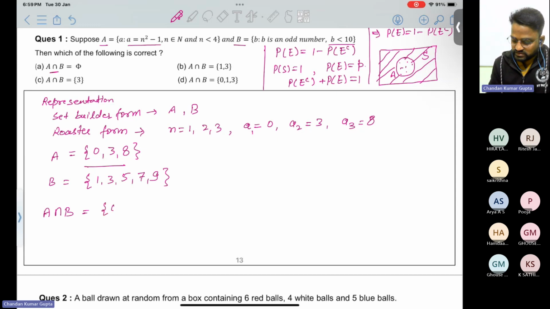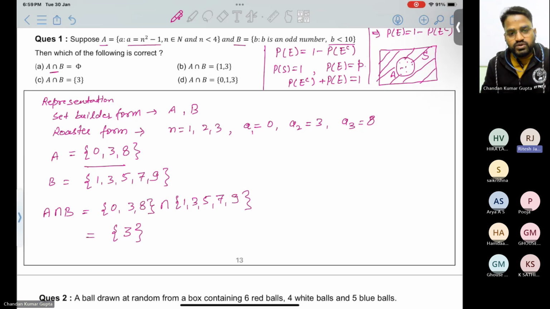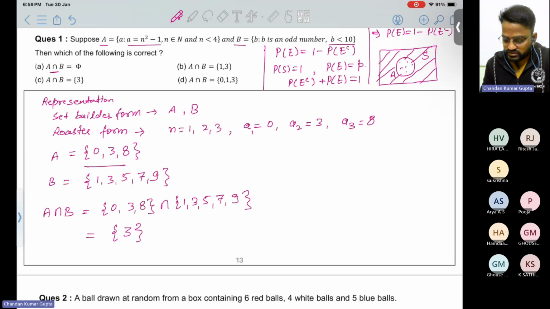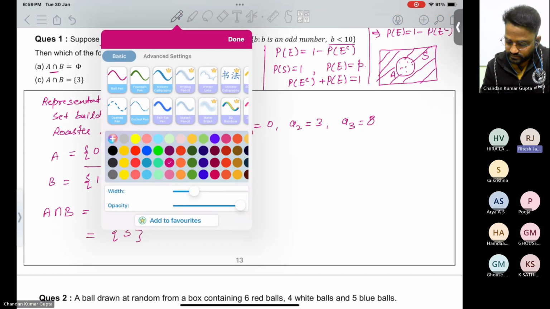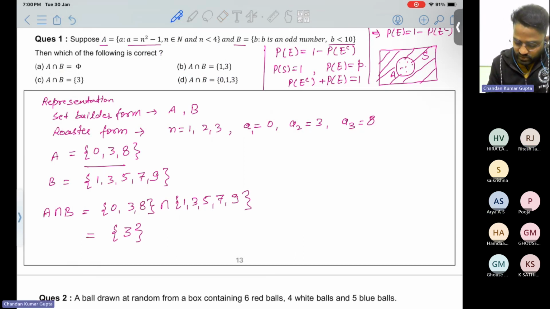So A intersection B is {0, 3, 8} intersection {1, 3, 5, 7, 9}, and we get 3 as the intersection. So which option is correct? Option C is the right one.